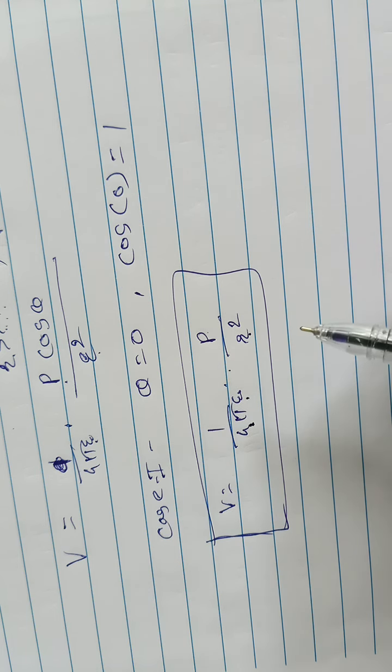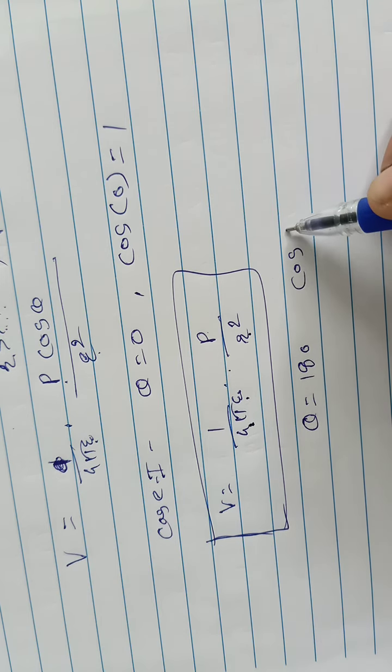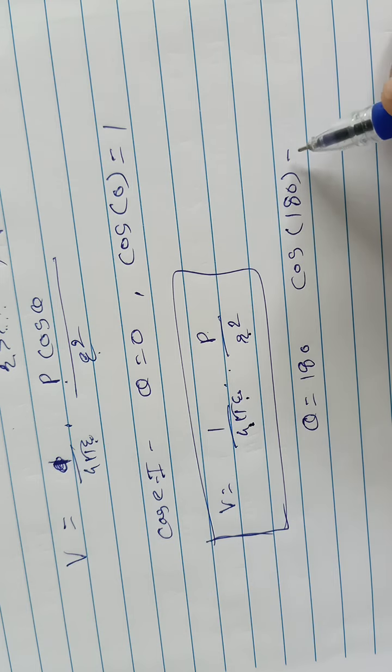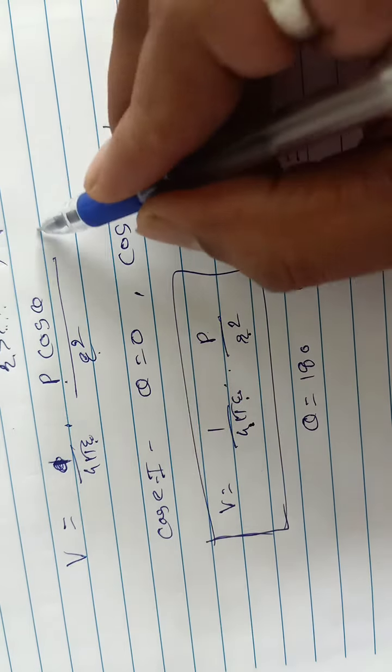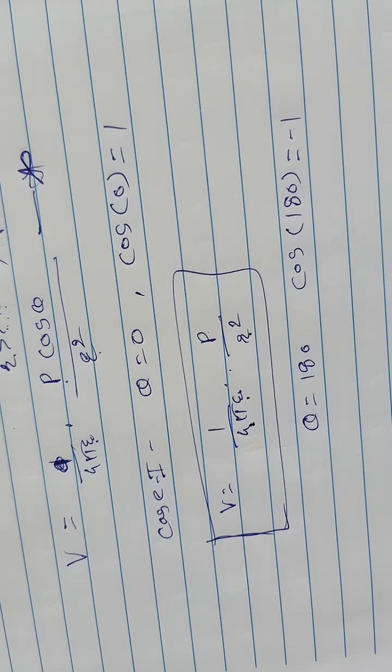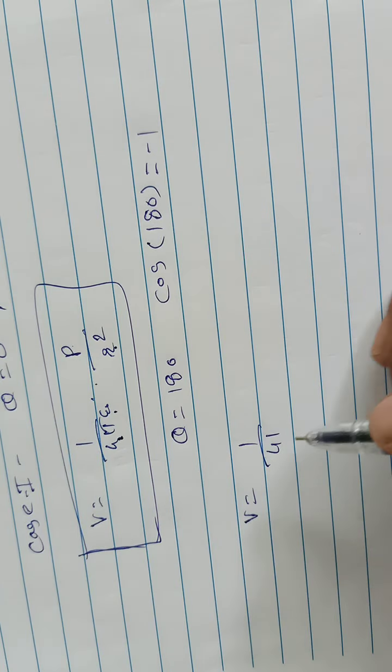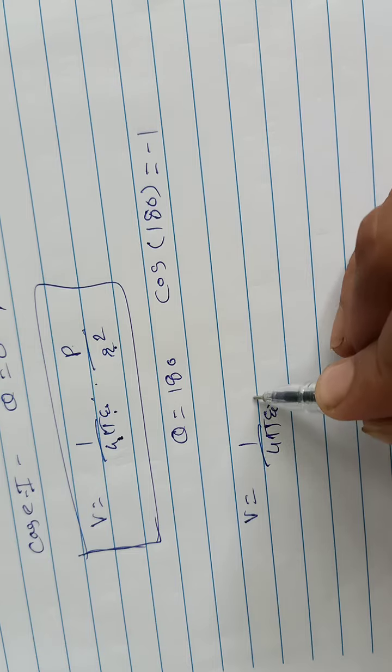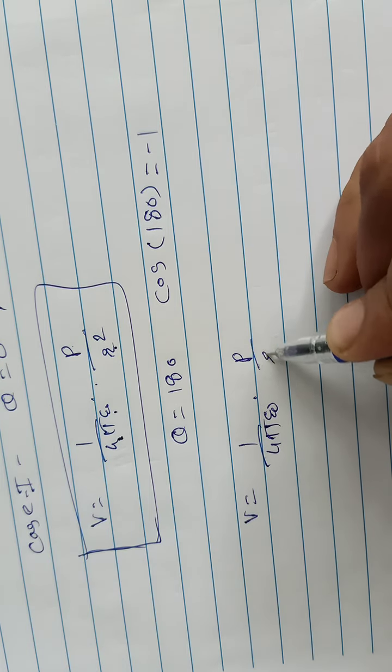Suppose we consider theta as 180, so cos 180 becomes minus 1. Using this in the actual equation, suppose we call this equation star, we put this value in.